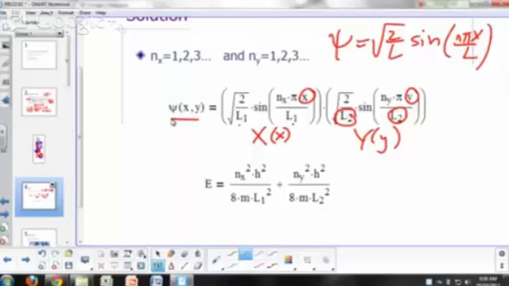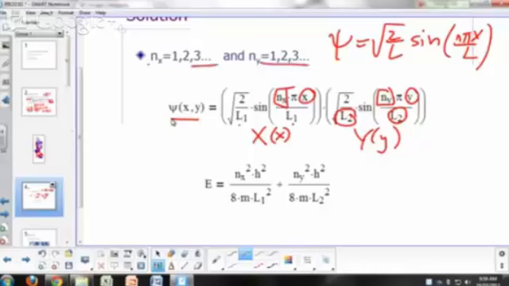You'll notice the quantum number n, I have to label them differently because you're solving these two problems independently of each other. So when you solve one, you come up with a quantum number n. When you solve the other one, you come up with another quantum number. And so to make a distinction between those two quantum numbers, you call one n sub x, you call the other one n sub y.